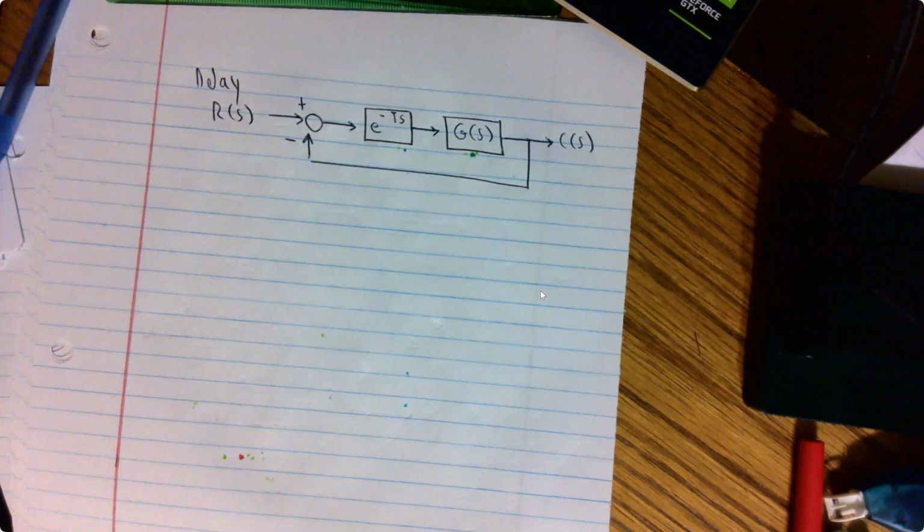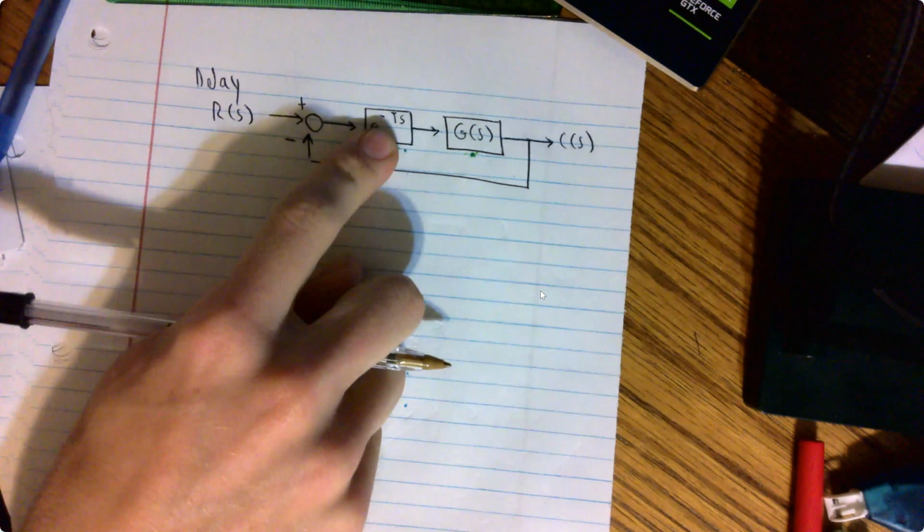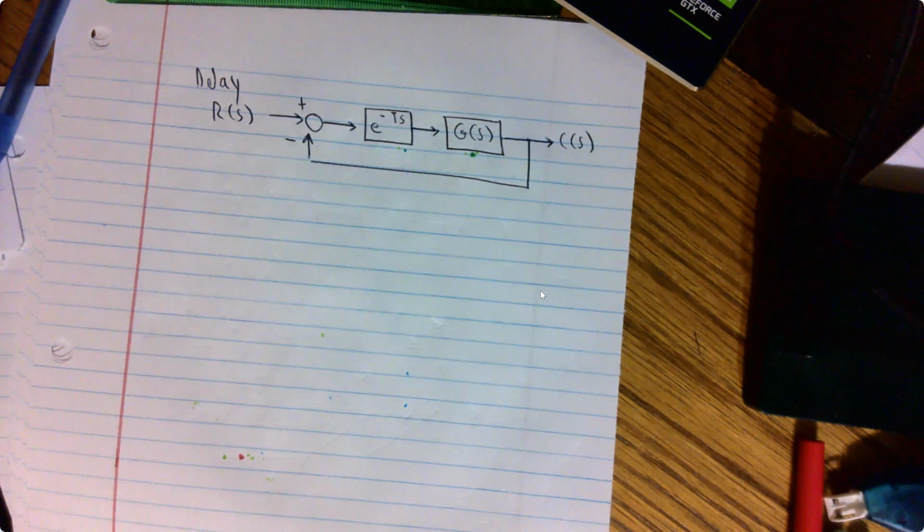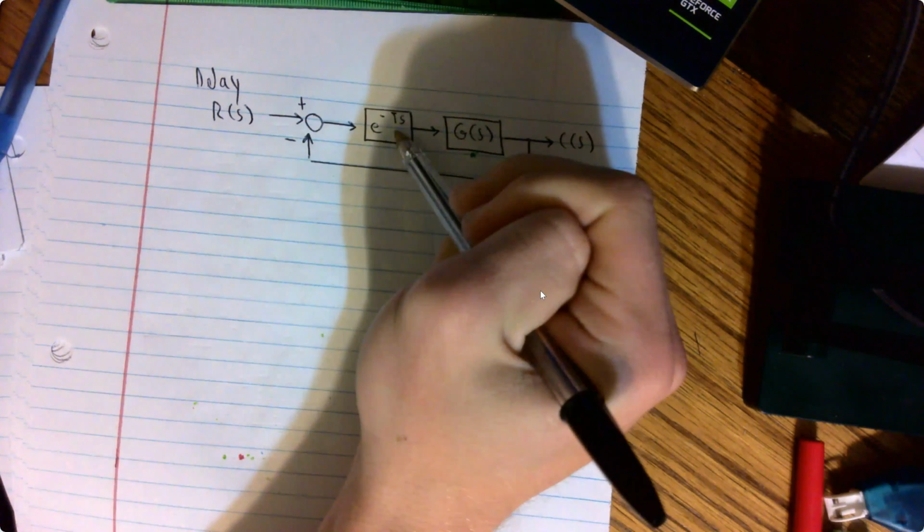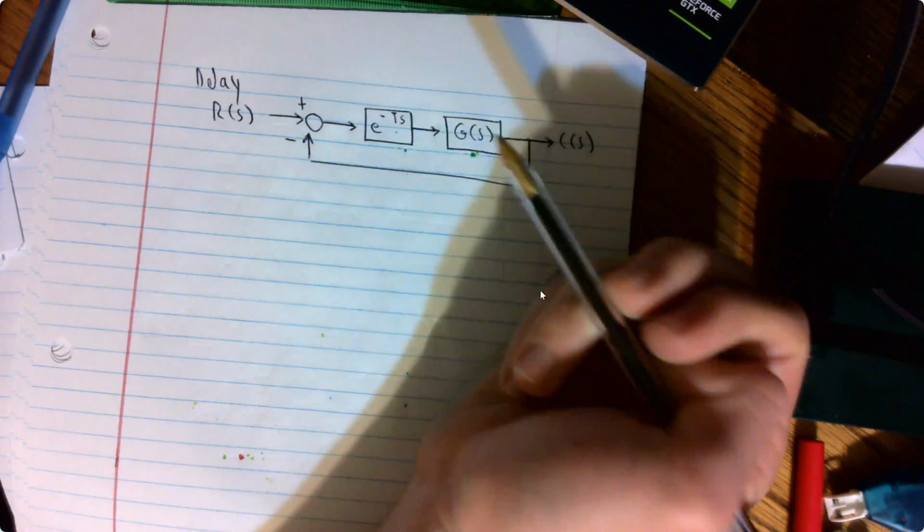So when we try doing a delay, because when we work with the root locus, it requires a transfer function, we need to represent e to the negative Ts as a polynomial.